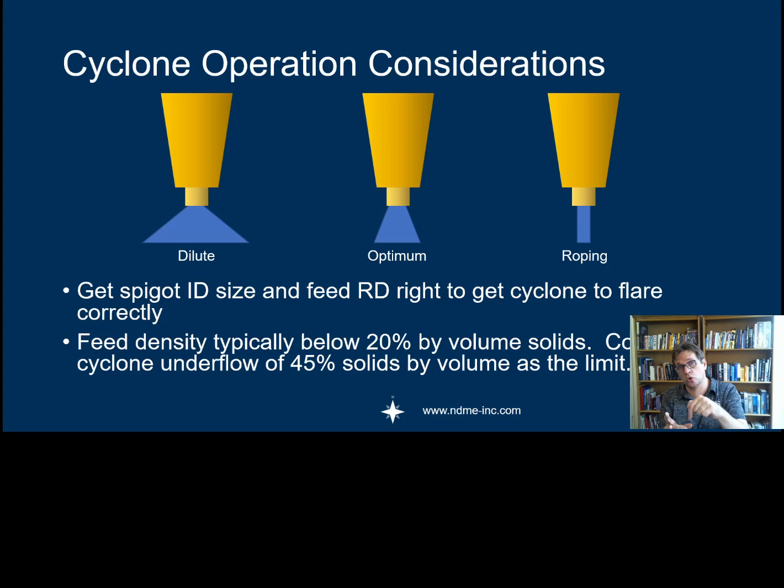Remember, the smallest opening of a cyclone is actually what's happening at the spigot. So that's why 45% is probably your very, very absolute limit, and I wouldn't even be close to that. But anyway, you need extra water coming into the cyclone to drive the separation. So just having those considerations.